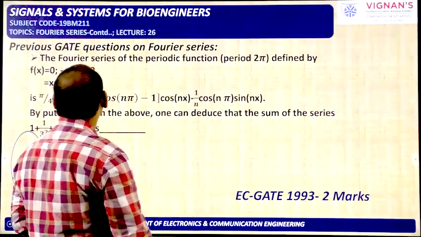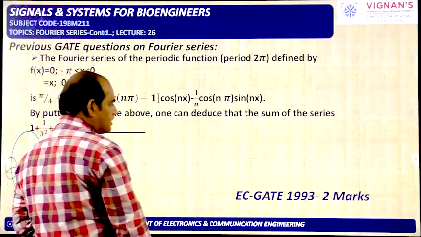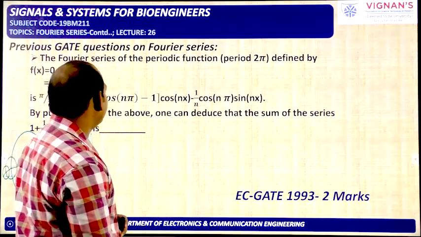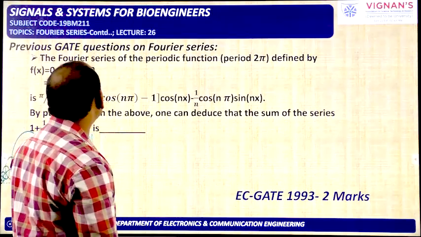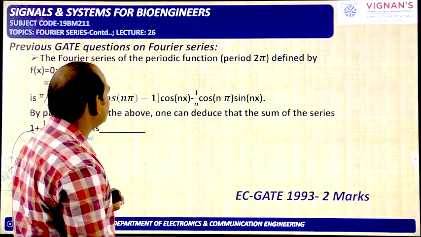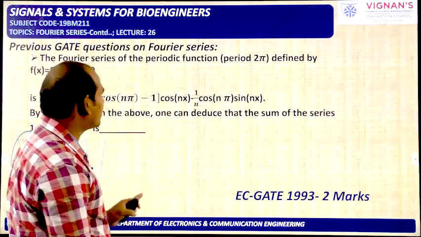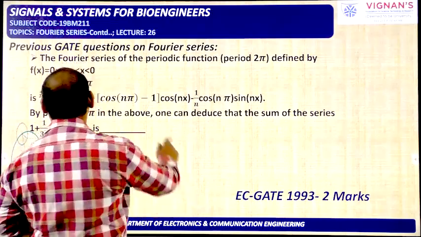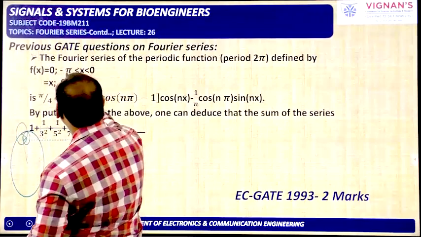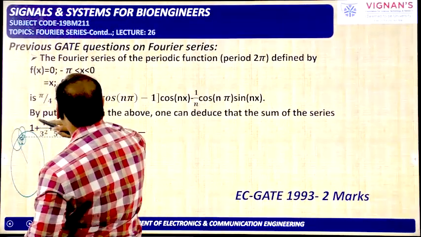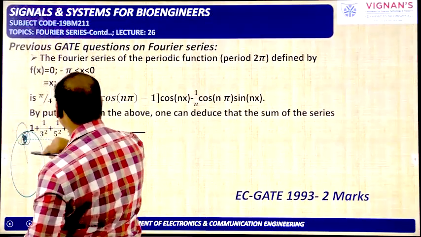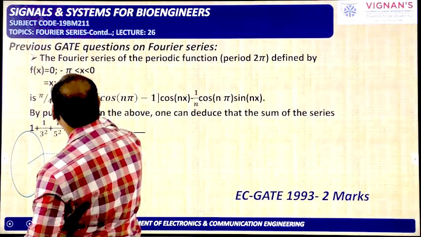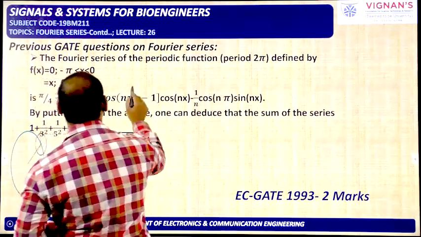Next, this is a GATE question that came in 1993, a 2 marks question. The Fourier series of the periodic function whose period is 2 pi is defined by f of x equal to 0 from minus pi to 0, and f of x equal to x when x is changing from 0 to pi. This one I will draw first.